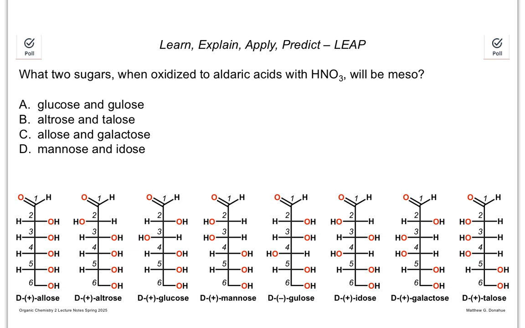So again, using a bit of the logic, which pair of sugars, when oxidized to aldaric acids with nitric acid, will become meso? So this is when the terminal carbons become the carboxylic acids. So you're looking for that internal mirror plane of symmetry.